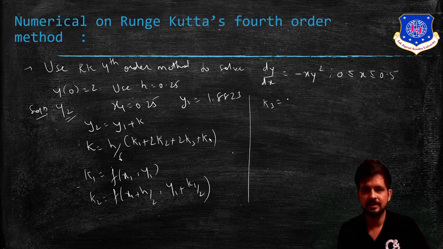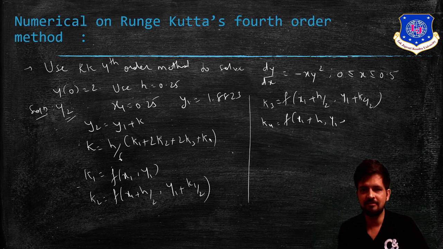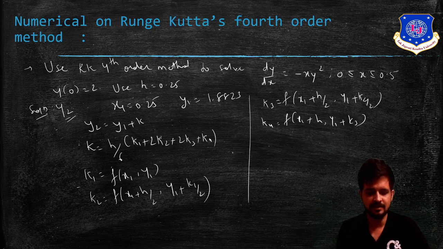What will be k3? f of x1 plus h by 2 and y1 plus k2 by 2. And k4, that is f of x1 plus h and y1 plus k3. Solving this and placing all the values, you will get the final answer.